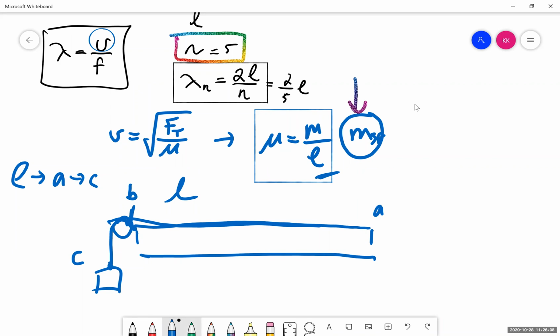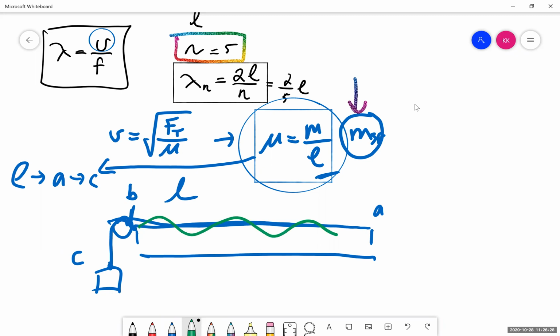So in this equation for mu, we are using that entire length of the string. Our experiment, however, is going to be such that only the part from A to B of the string is actually going to be oscillating, giving us those standing waves.